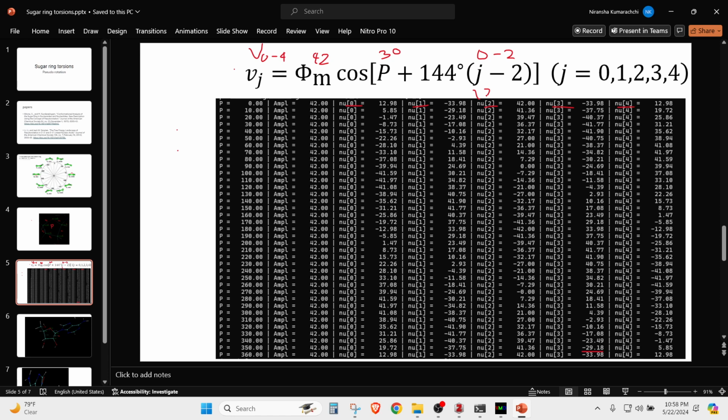What does C3 endo mean? Endo means that when we have this plane like this, you can see these four atoms are in one plane, and C3 is above the plane. So that's what is called C3 prime endo. It moves to around 50 degrees here, and we have C4 exo. Exo means below the plane.